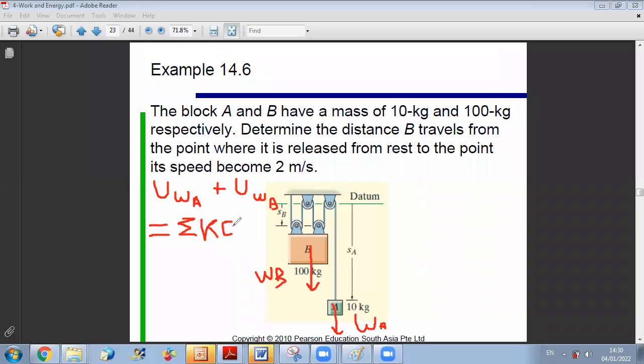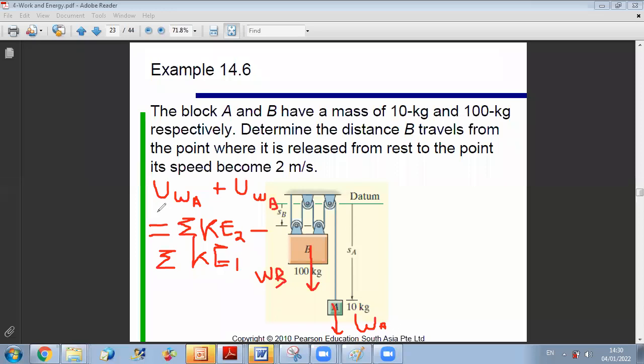Why do I put a summation? Because your system includes 2 blocks, not 1. So I should take the summation of kinetic energies at state 2 minus the summation of kinetic energies at state 1. Now I will start to express my terms.